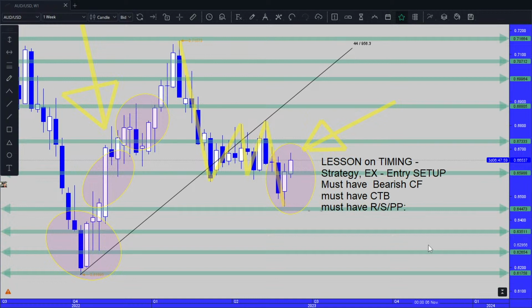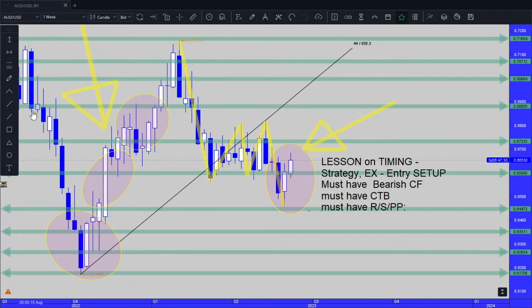Everybody, type in the chat, can I enter right now on the monthly chart, on the weekly chart? Yes or no? My entry setup says that I must have a bearish candlestick formation. Doesn't matter weekly, monthly, 1 hour. We're on the weekly right now. We're going to use the same for all the time frames.